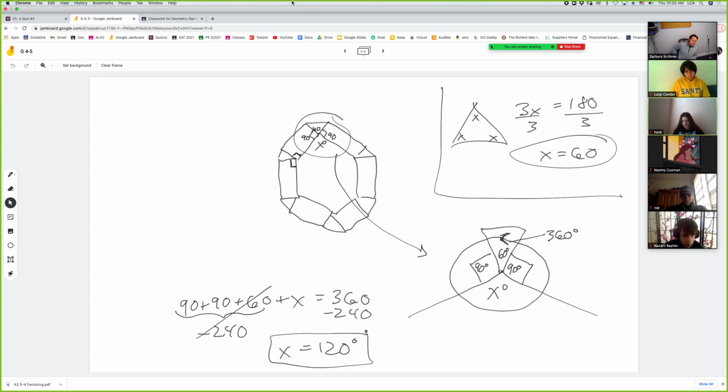Now, it looks like an equiangular, or regular polygon, so you basically could just say n minus 2 times 180 divided by 6, where you'd get 4 times 180, which would be 720, divided by 6, which would be 120, all right?